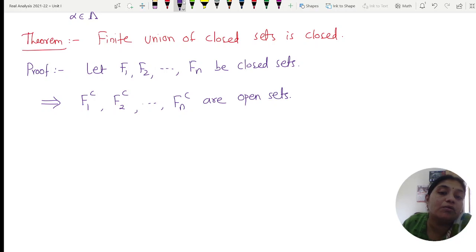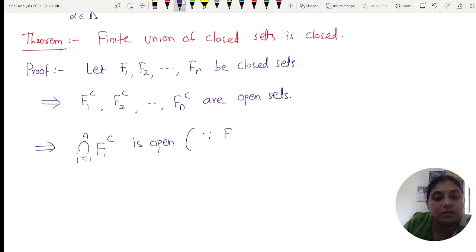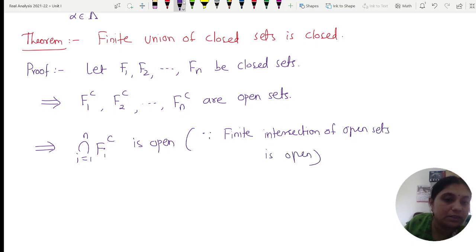Now what do I know about a finite intersection? A finite intersection of open sets is open. So the intersection over i equal to 1 to n of Fi complement is open, because we already proved that a finite intersection of open sets is open. Therefore, this intersection is open.